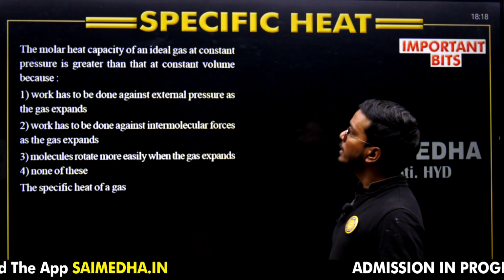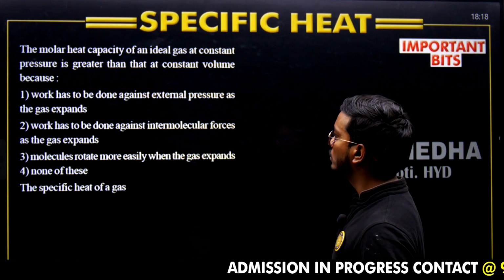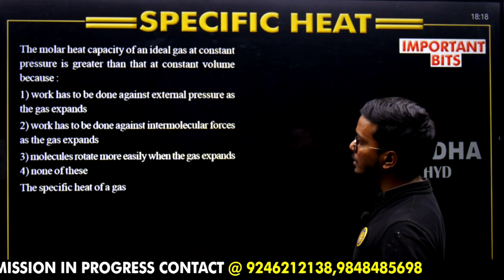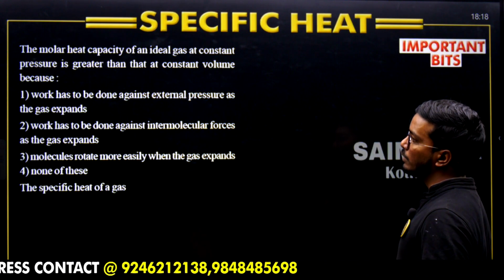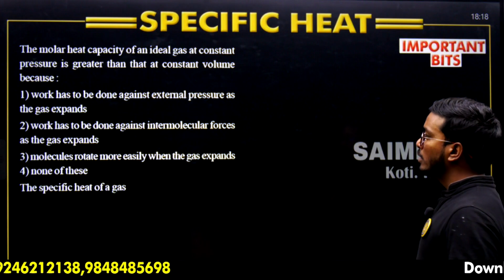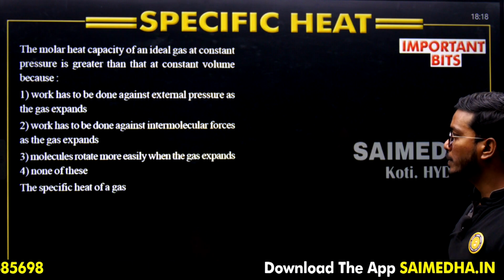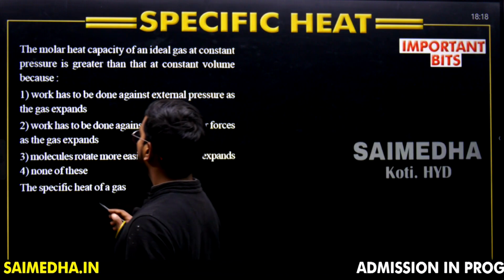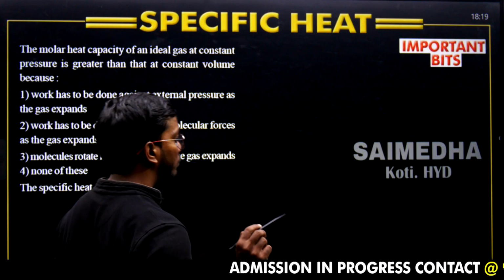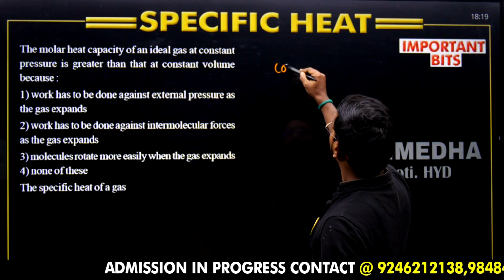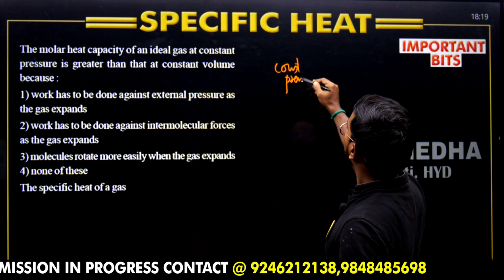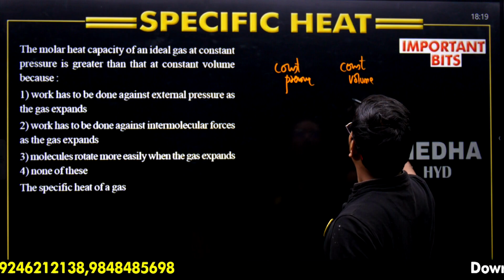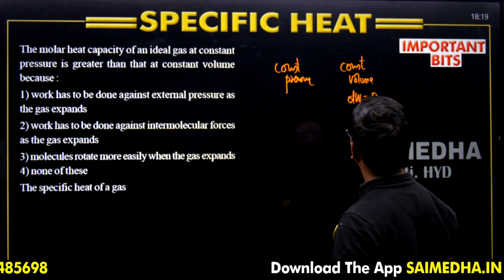Molar heat capacity of an ideal gas at constant pressure is greater than at constant volume because work has to be done against the external pressure as the gas expands; or work has to be done against the intermolecular forces as the gas expands; or molecules rotate more easily when the gas expands; or none of these. Consider the constant volume process: work done is equal to 0.